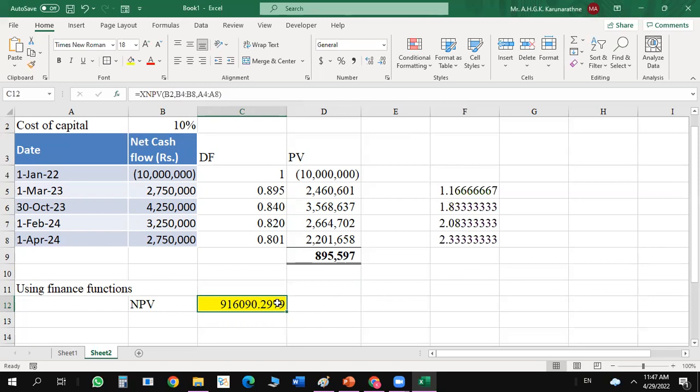Approximately you can see there's a slight difference. It could be due to the rounding error effect. Right, one minute to check again. There's a considerable difference, right?